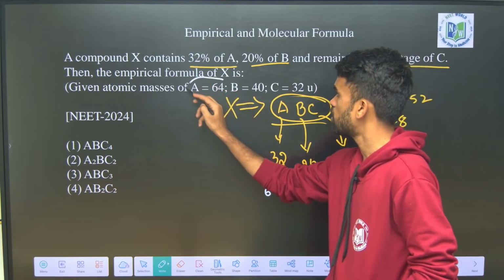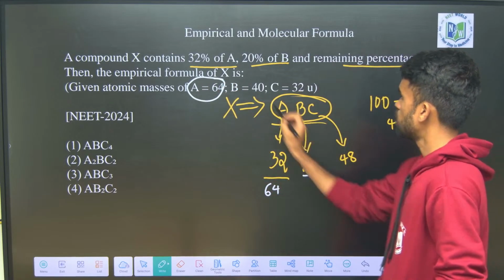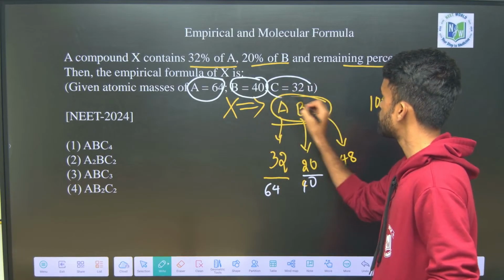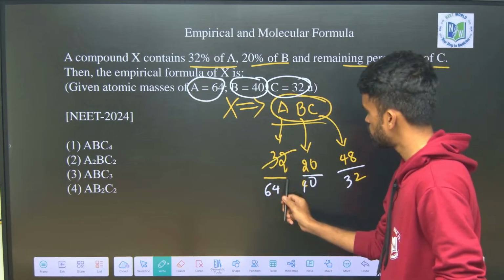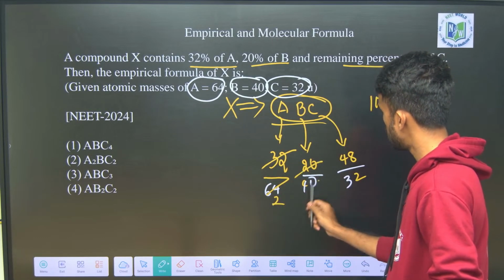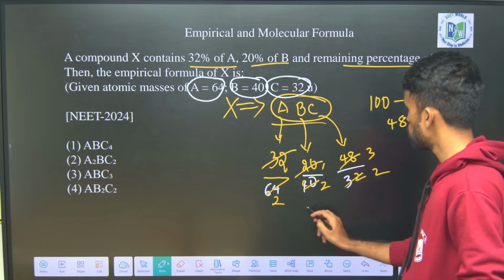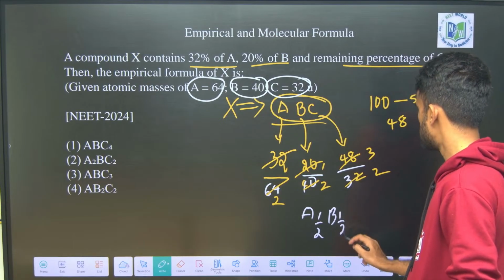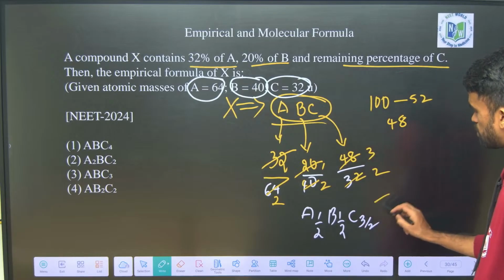Because the atomic weight of A is given as 64, the atomic weight of B is given as 40, and the atomic weight of C is given as 32. Take the ratio here, we get 1 by 2, here also 1 by 2, and this will be 3 by 2. So you got A 1 by 2, B 1 by 2, C 3 by 2. What will be the simplest way we can represent this?